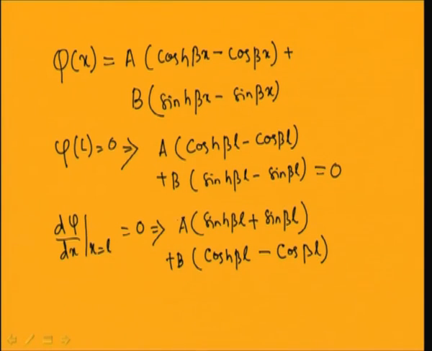So, this whole is multiplied by beta equal to 0, as we have differentiated it once.